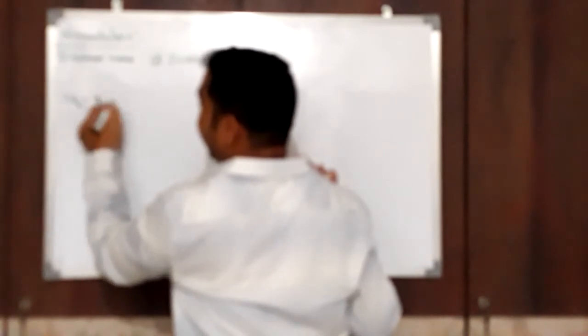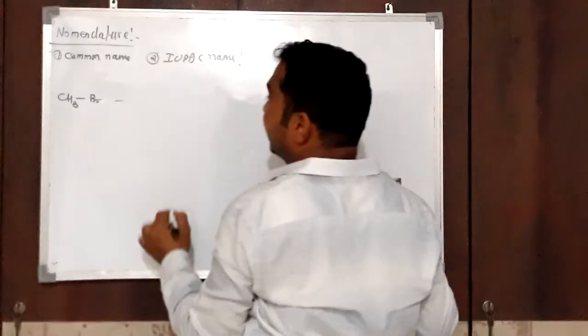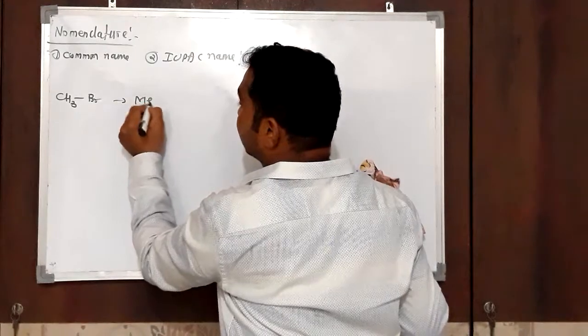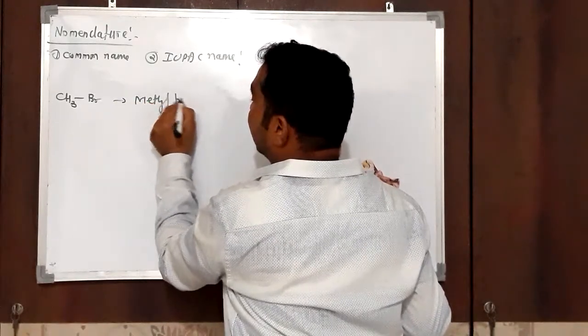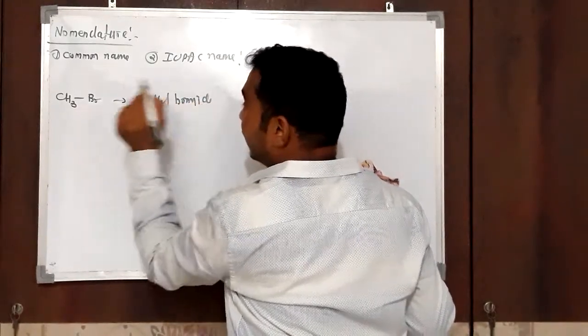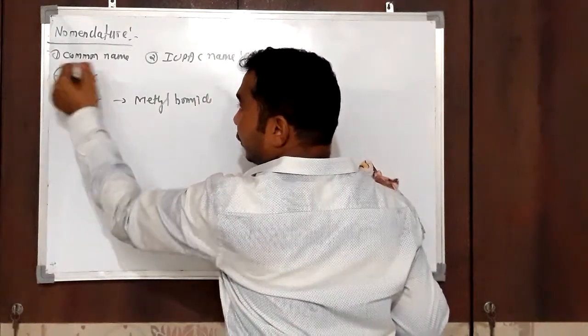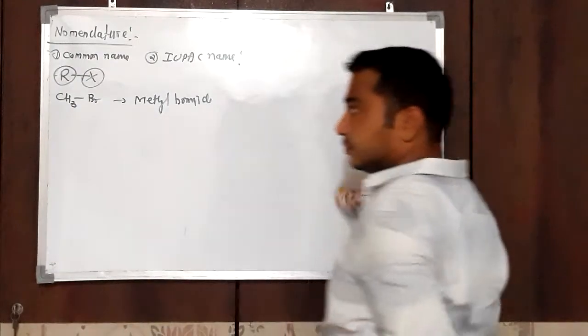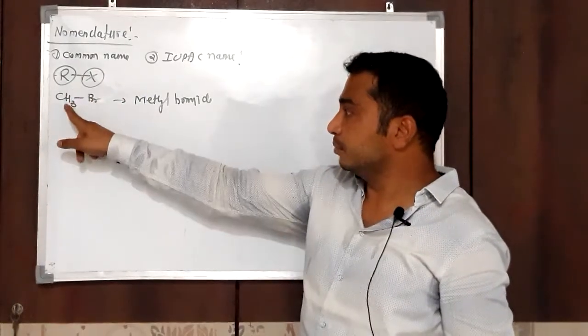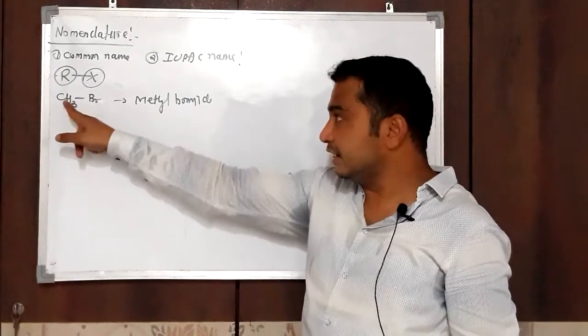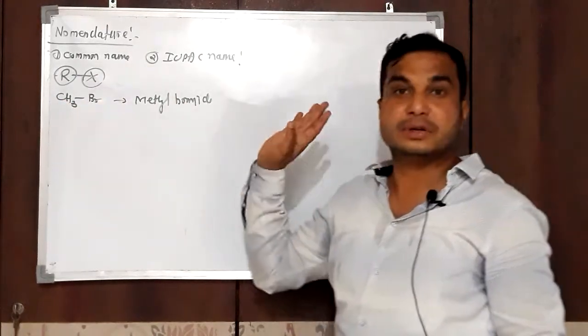Methyl bromide. Its common name is methyl bromide. It means we have to name the alkyl group, for example RX, just name the alkyl group and the halide. Simply methyl bromide. Methyl is the alkyl group, bromide is the halogen atom.